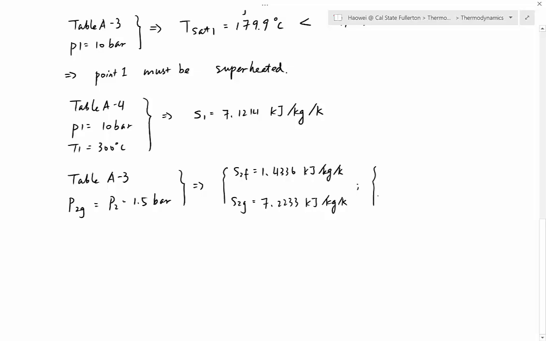In addition to S, I also write down enthalpy, H2F and H2G. H2F is 467.11 kilojoule per kilogram, and H2G is 2693.6 kilojoule per kilogram. So now I have S1 and S2G.